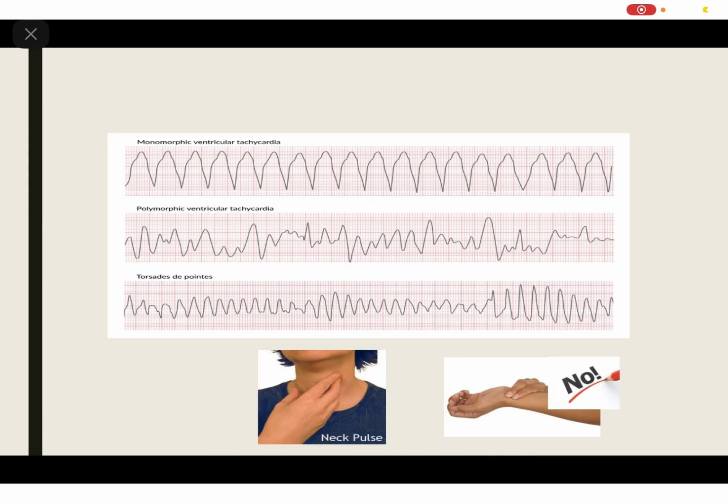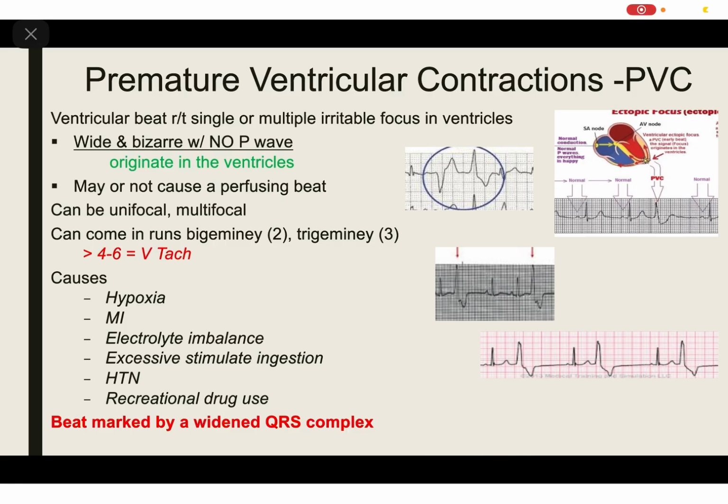Okay, I don't think there's anything else that we need to go over in here. Yep, so just talking more about trigeminy, bigeminy. It's just how many PVCs are being linked up with QRS complexes, because sometimes PVCs can come regularly. This is saying greater than 4 to 6 PVCs in a row, all next to each other, a run of VTAC.